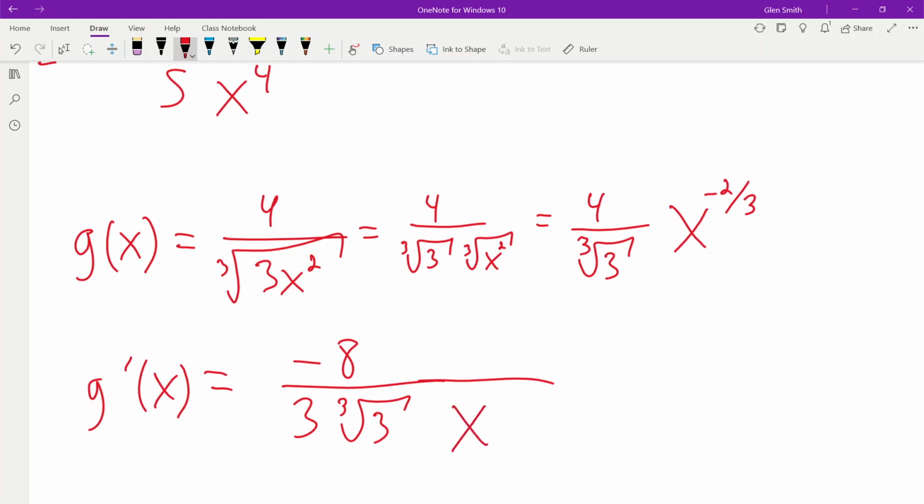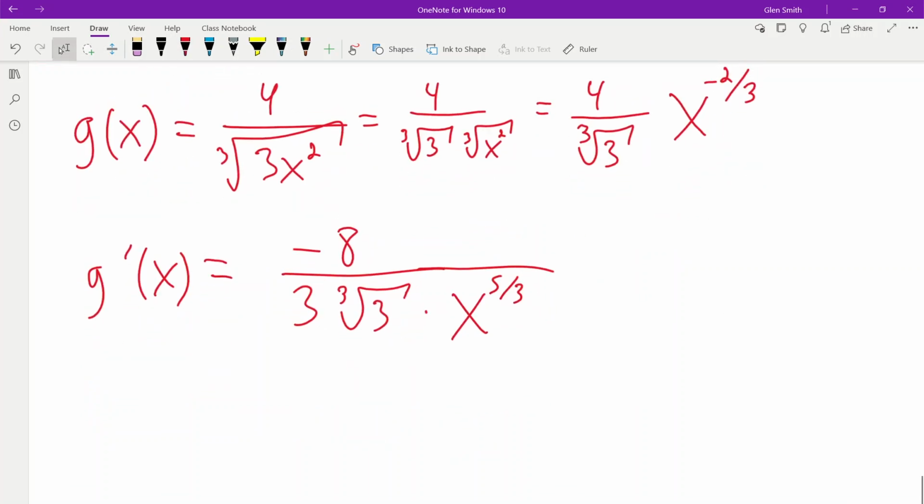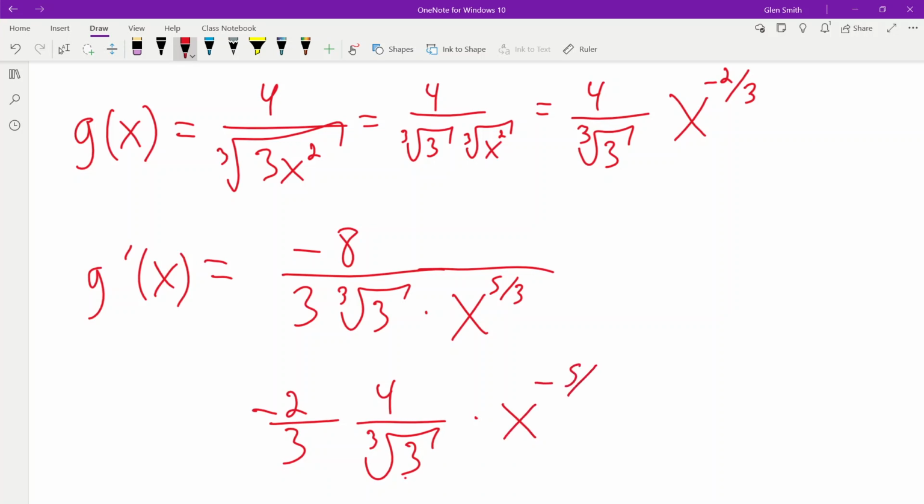X to the negative 5/3. We're doing negative 2/3 times 4 over the cubed root of 3 times x to the negative 5/3.